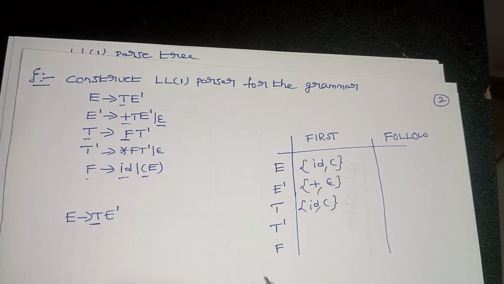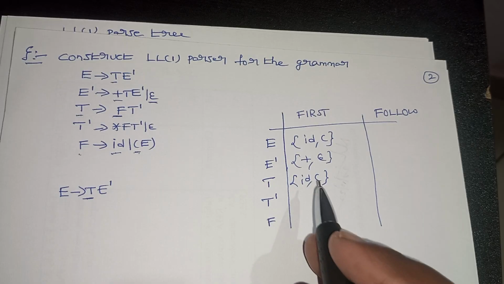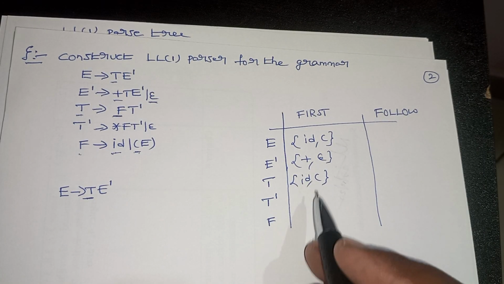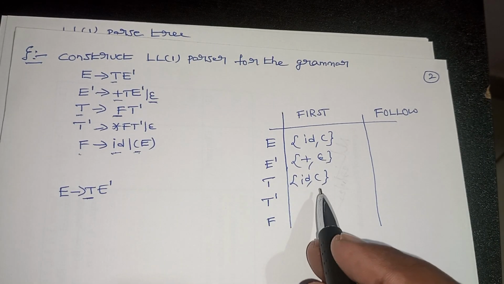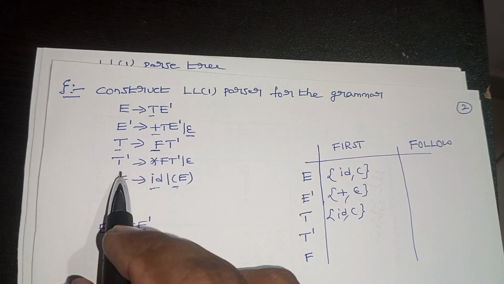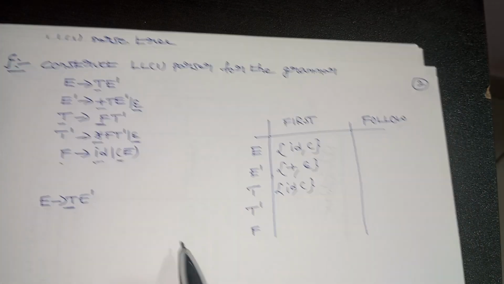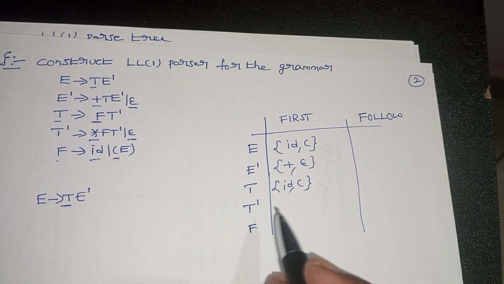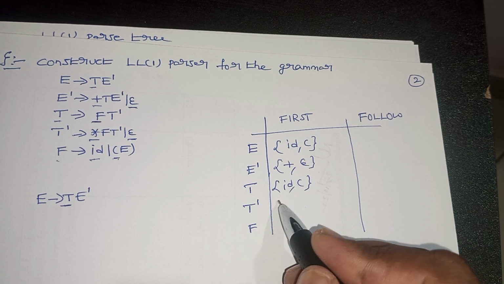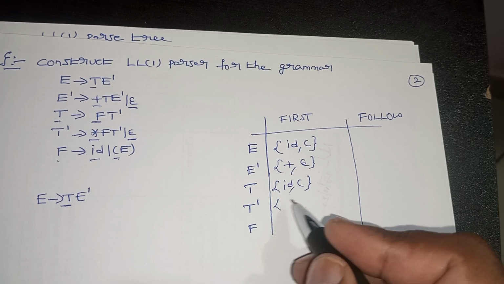Next, first of T'. Always make a note, you have to write terminals in this column. First of T': star and epsilon. You have to see the RHS. Star is a terminal, epsilon is also a terminal.